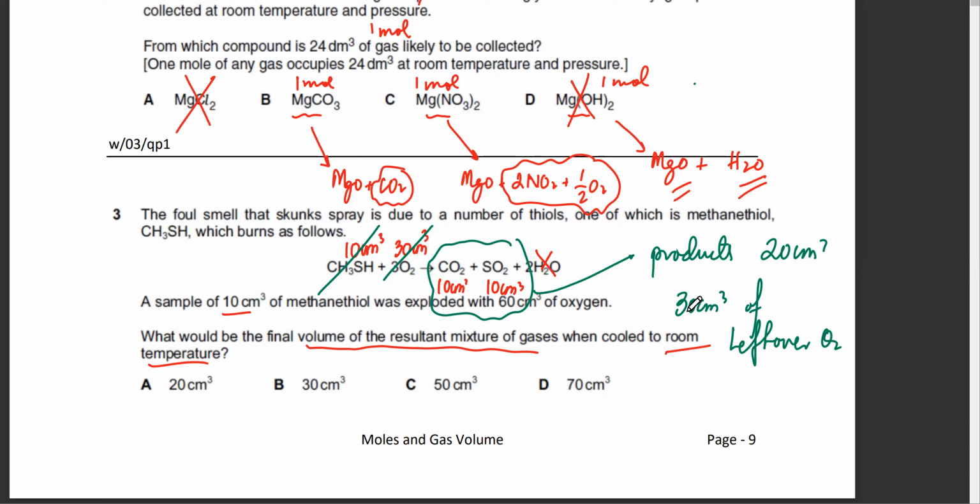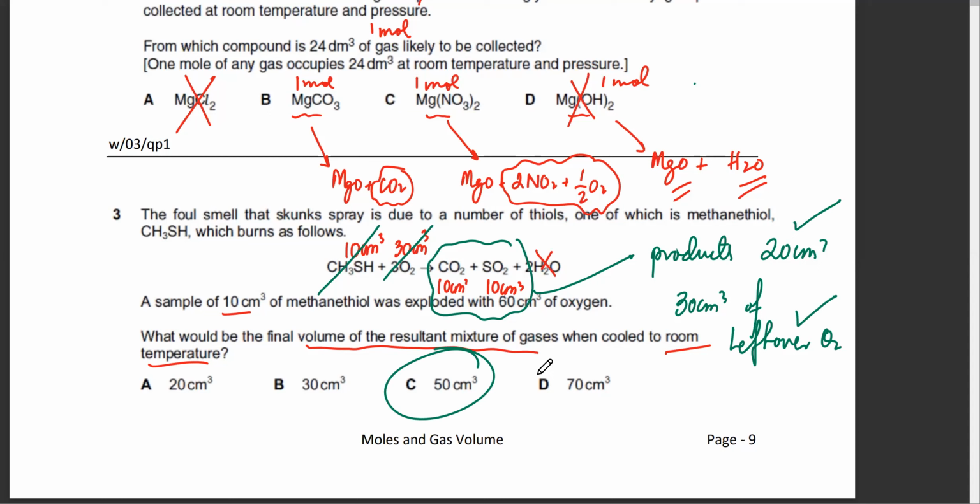So this extra 30 cm cube does not take part in the reaction. So the final volume of the resultant mixture of gases would be your products plus the leftover remaining oxygen as well. Hence the answer would be 50. Is this clear?